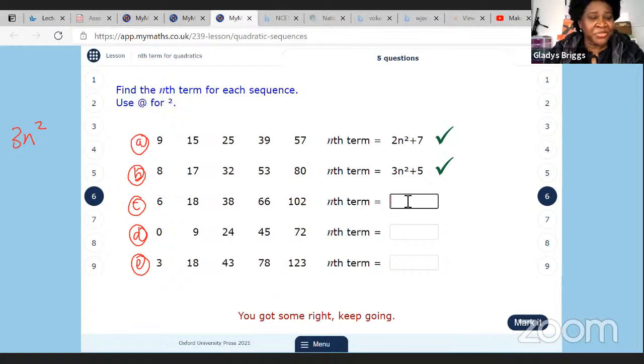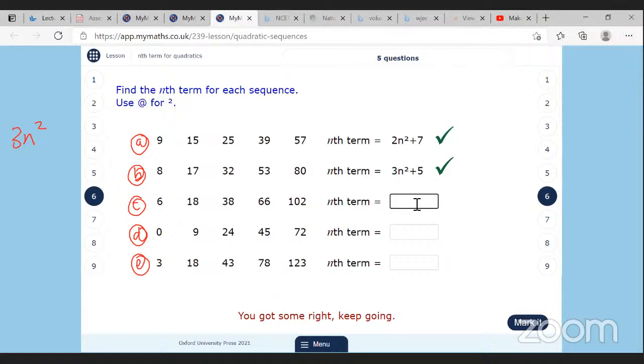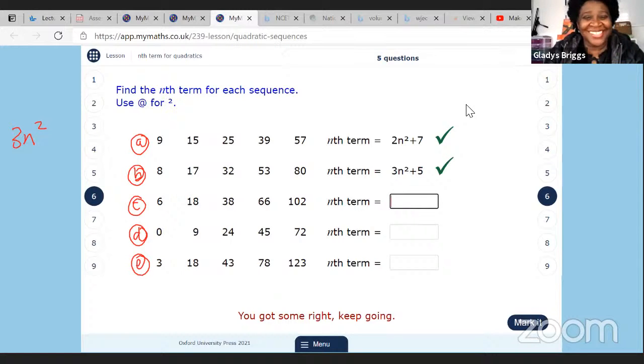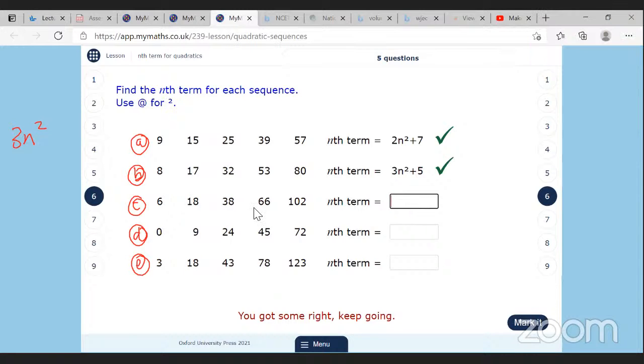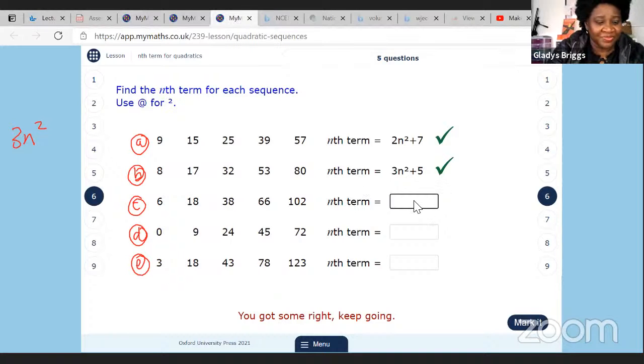Reem, did you do question 3? Question C? No. Okay, then let's get Abdullah's answers. 4n squared plus 2. Well done, Abdullah.